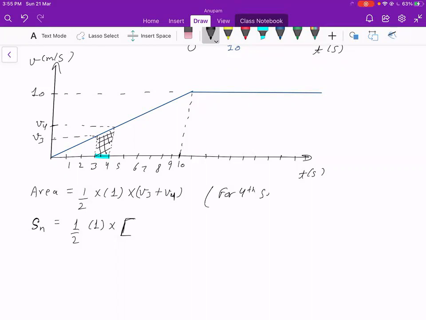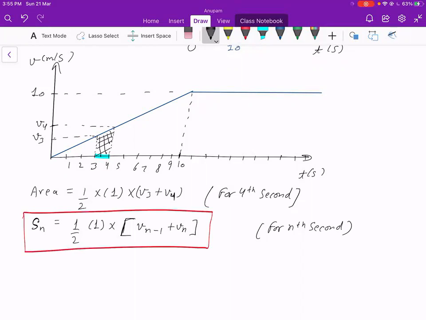That means for the nth second, I will take V(n minus 1) plus Vn. Okay, good. So we have arrived at least at this point.